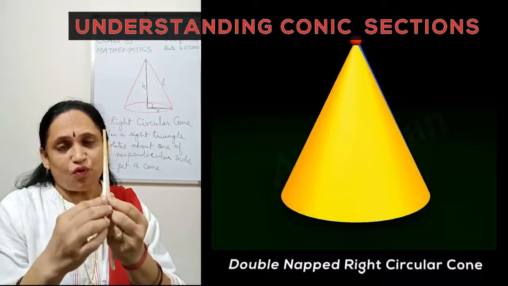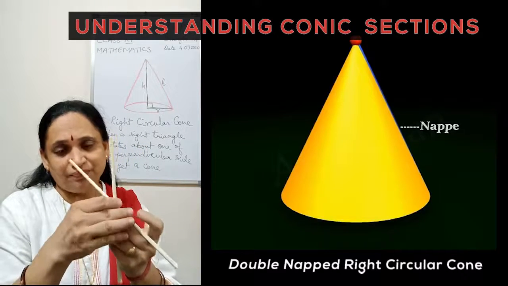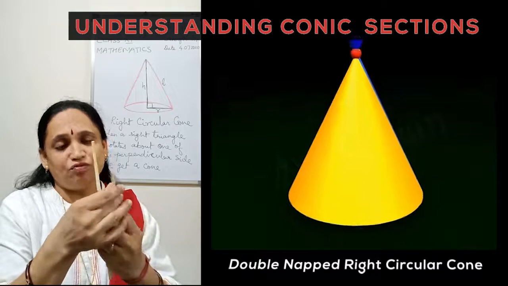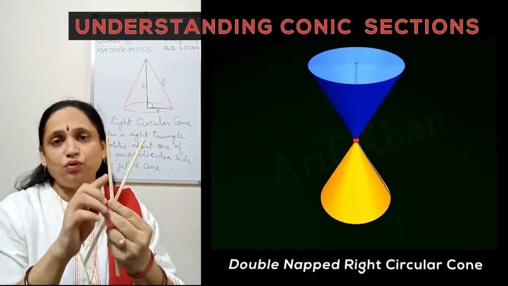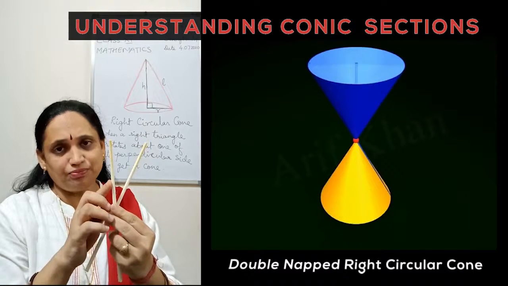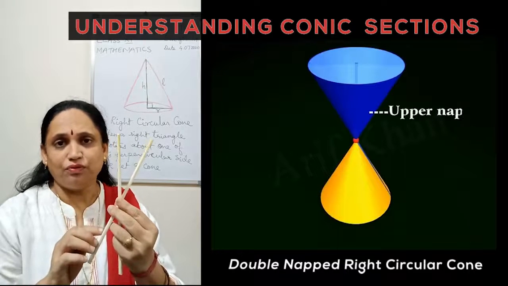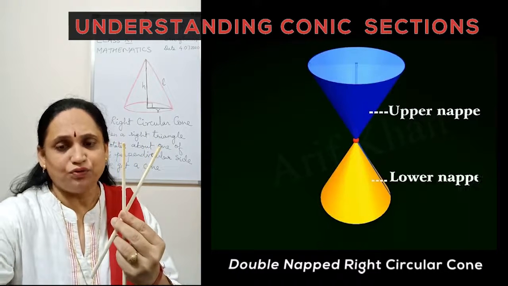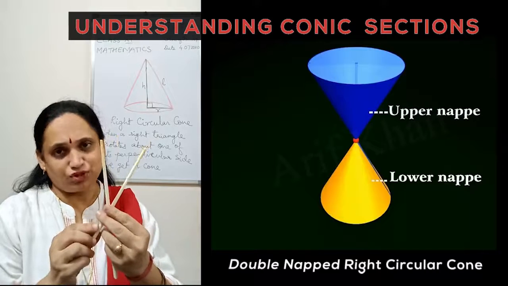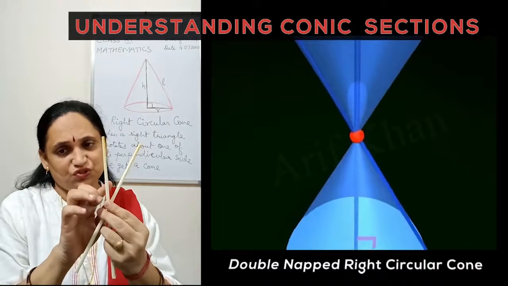The cone that is formed is a right circular cone. And you have one cone above and one below. The cone on the top is called the upper nap and the cone below is called the lower nap. This is how you get a double napped cone with a vertical angle which is fixed.